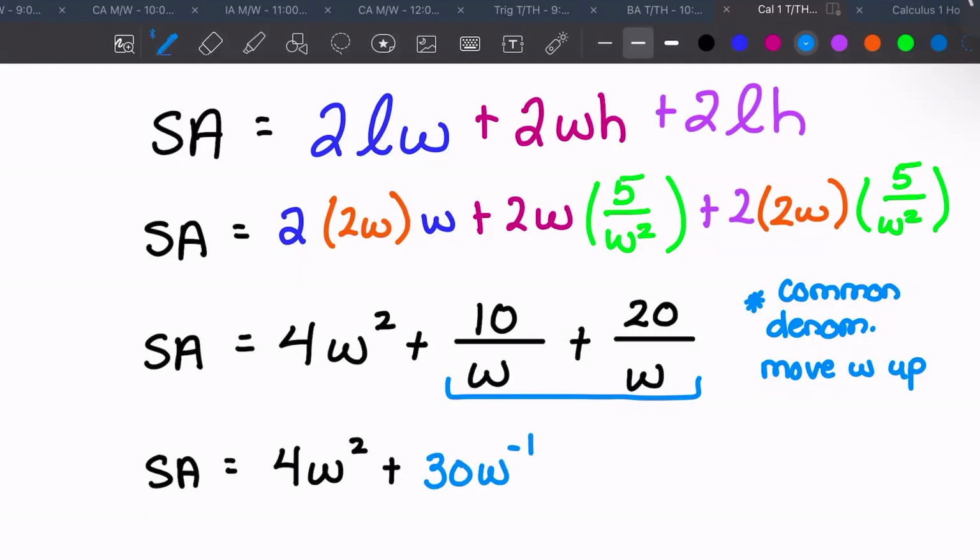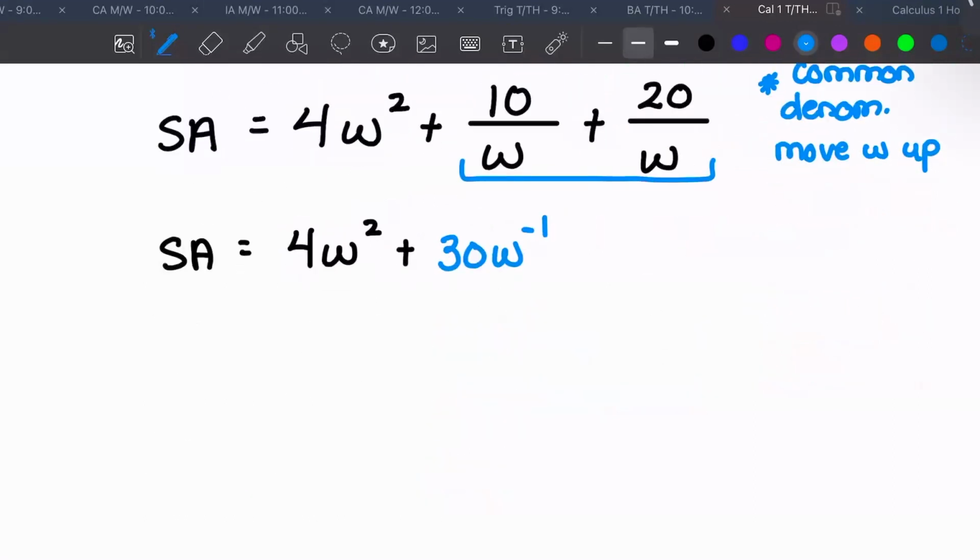Now I'm going to take the derivative. So I would take that negative 1 to the front. So I'd have minus 30 times W to the negative second.